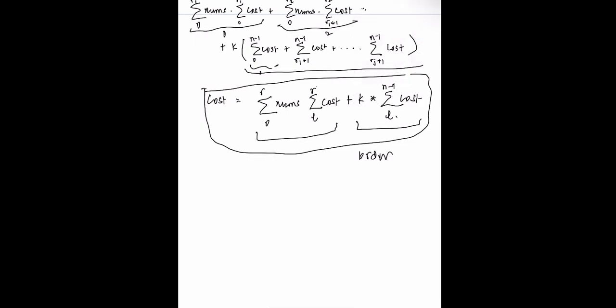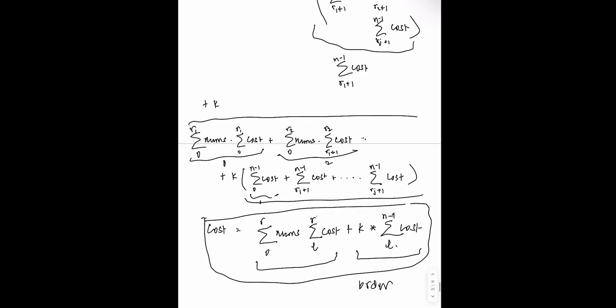So now each subarray's cost is 0 to R, the position you're ending it at, of nums, and then L to R of cost, summation in that range, plus K into summation of cost from start till the end, the suffix, right?